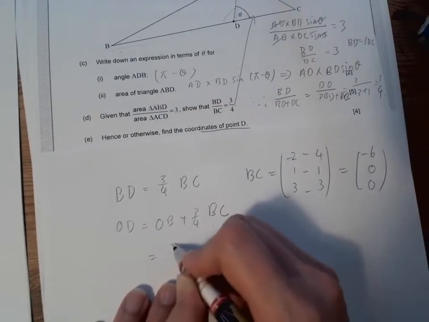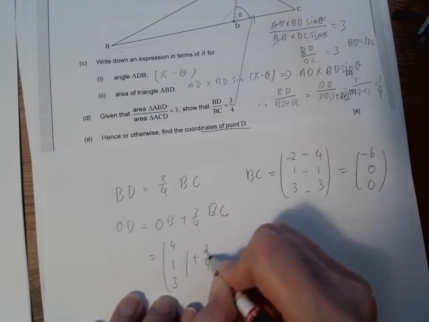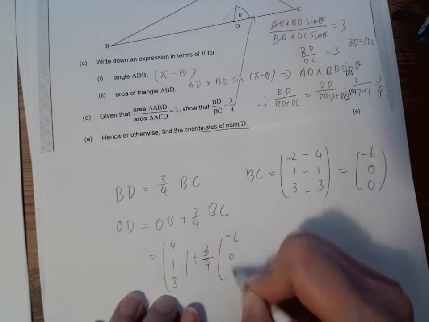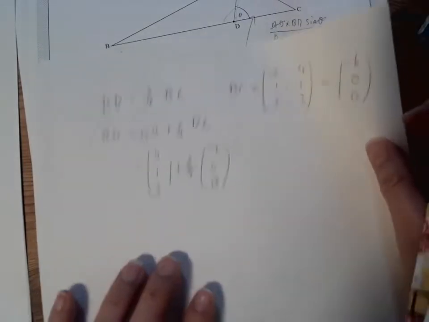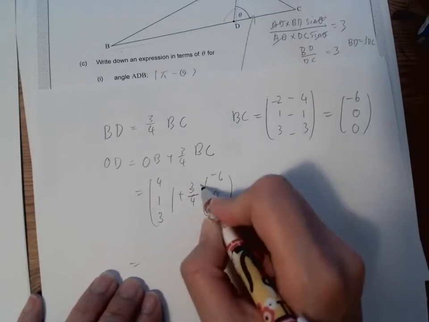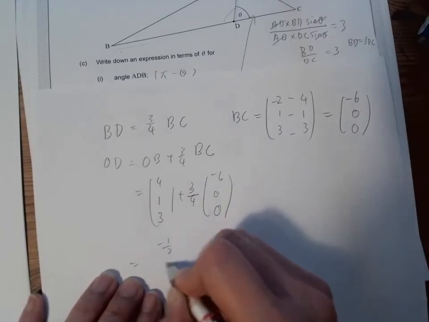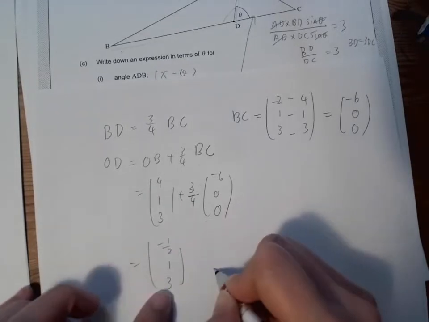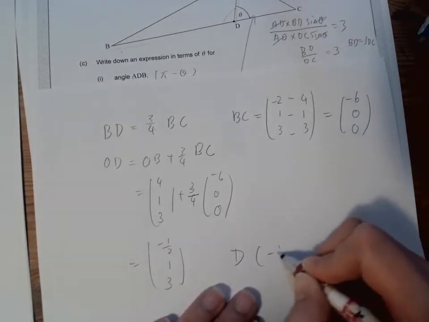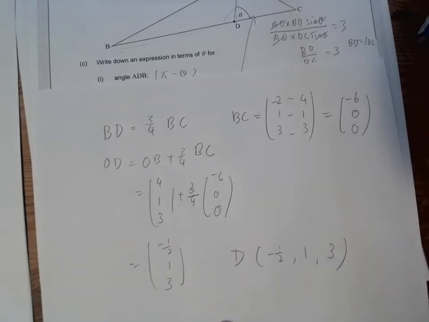OB is 413 plus 3 over 4 of -6, 0, 0. So then we will have -1 over 2, 1, and 3. However, this is a vector. Therefore, the coordinate of D should be -1 over 2, 1, and 3. And this is our vector question.